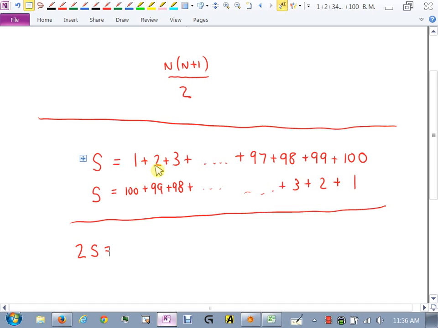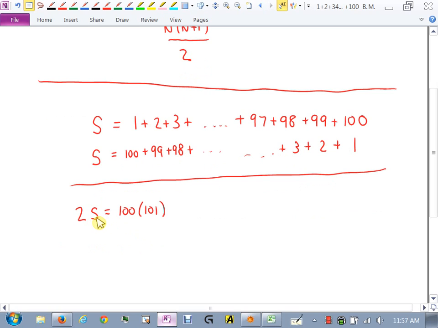Well, you have 1 of them, 2 of them, 3 of them, in this case 100 of them, right? How do you say repeated addition? Multiplication. So if I want to do 101 plus 101 plus 101, 100 times, I just do 100 times 101, right? That's twice what I want, so I just take half of that.